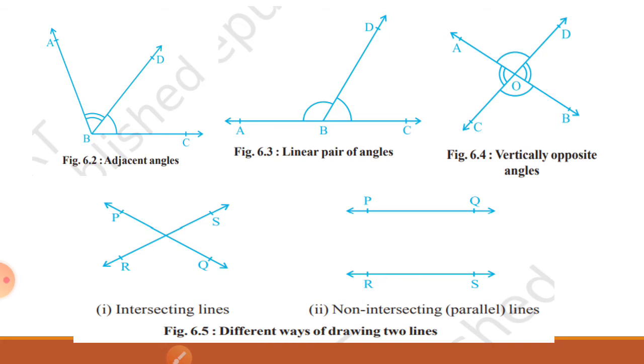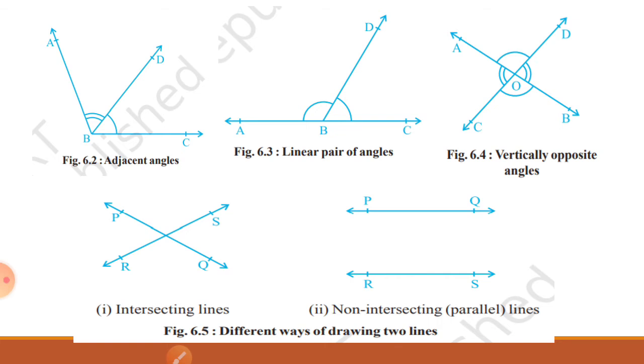But when the angle is greater than 180 degree but less than 360 degree, it is known as the reflex angle. If we go further, two angles whose sum is 90 degree are called complementary angles, and the angles whose sum is 180 degree are known as supplementary angles.